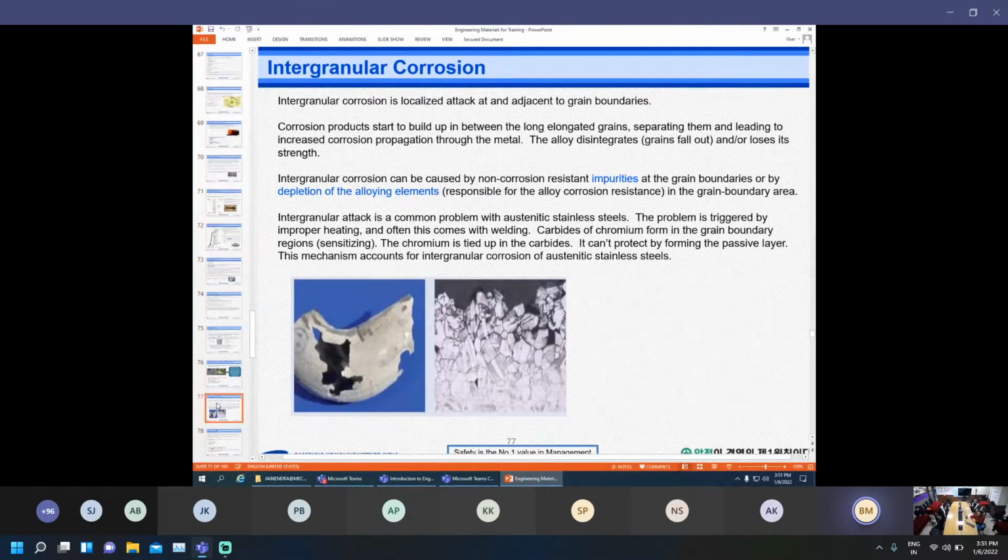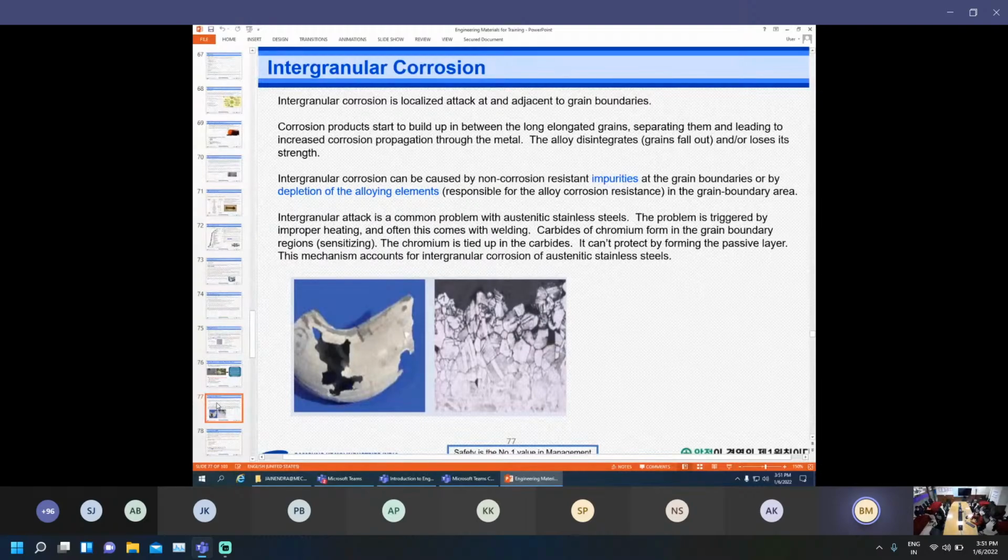Okay. So how is it happening? Corrosion products start to build up in between the long elongated grain, separating them and leading to increased corrosion propagation to the material. So the grain boundary is helping to not let the impurities impact the material.